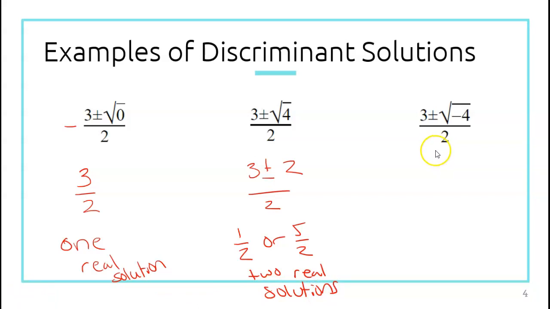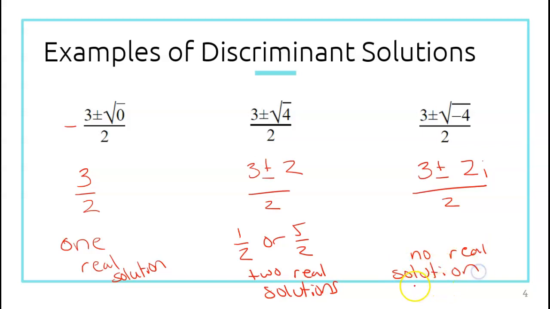And if we have a negative number in our square root symbol, that's going to simplify to 3 plus or minus 2i over 2, which will give us no real solutions. But it will give us 2 imaginary solutions, because remember, we're using our imaginary number, i.